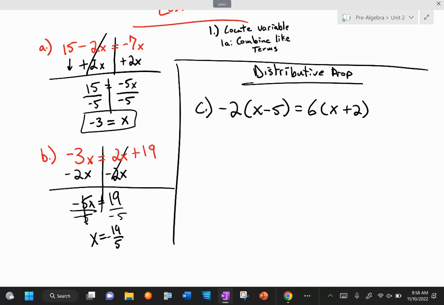Now, your first step needs to be to use distributive property. Once we identify that we have to use distributive property, we need to do that first. So go ahead and use distributive property, then see if you can figure out the rest. We need to move the x's all to one side, constants to the other, and then go from there. Distributive property.